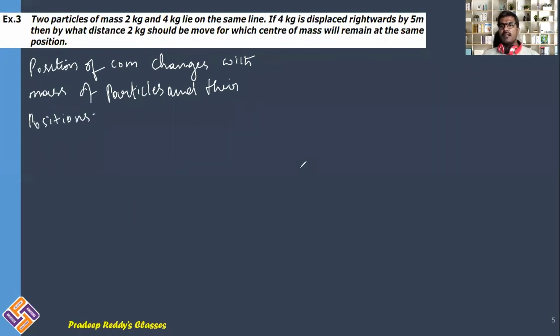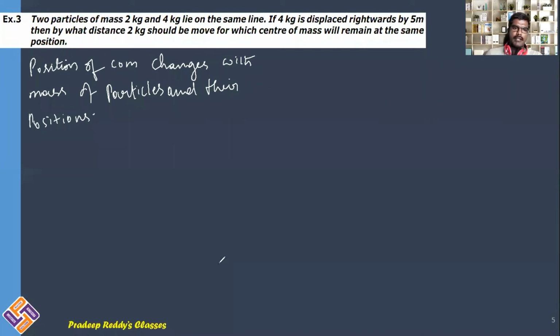So if masses are added to the system or masses are removed from the system, the center of mass position changes. That is number one. Number two is that if you are not adding a mass, you are not subtracting a mass, but you are just moving one mass from one position to another position, even then there will definitely be a change in the center of mass, right?